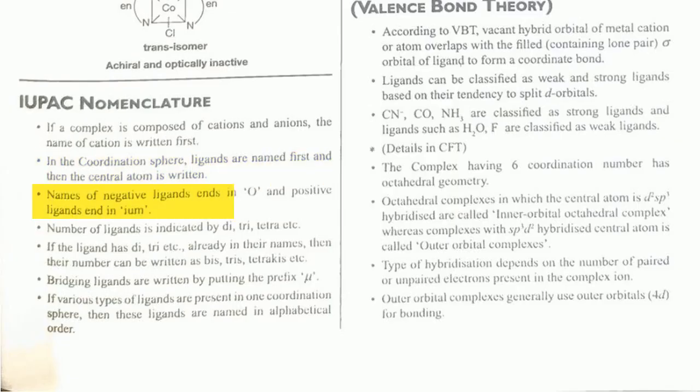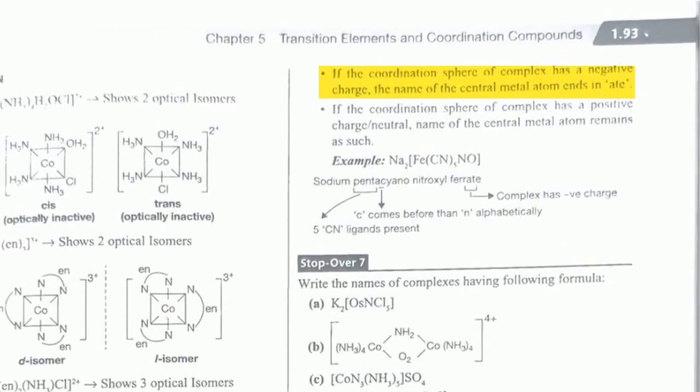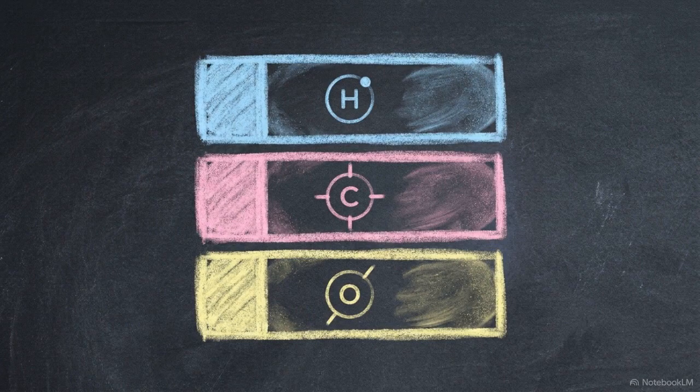The rules also specify that negatively charged ligands get a distinct naming convention, modifying their ending to an "o," while the metal itself might end in "ate" depending on the overall charge. Combine these conventions and you get highly descriptive, exact strings like sodium pentacyanonitrosylferrate. That IUPAC name is the complete inventory for the coordination sphere, establishing exactly what parts we have to work with.